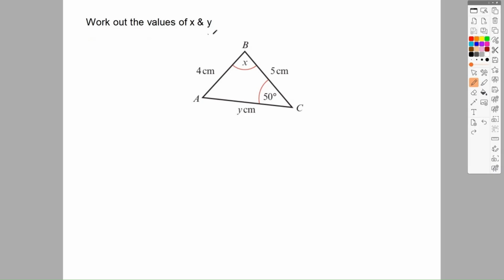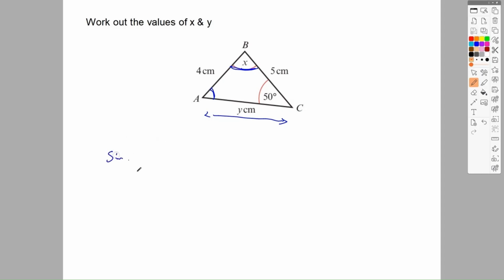Work out the values of x and y. So this angle is x, and y is the length of this side. Because I don't have either the angle or the side of b, I cannot use any of the rules to find it directly. So I have to find this angle first, angle A, and then we can easily calculate this angle here.